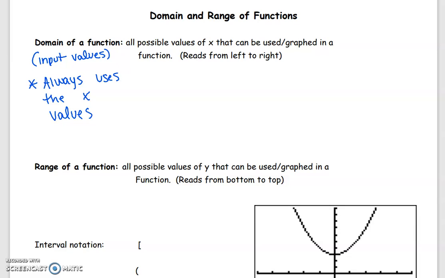This reads from left to right, so negative infinity to positive infinity. A lot of times we see a plus. So let's look at this. We have our negative infinity to positive infinity. That is our domain from left to right.